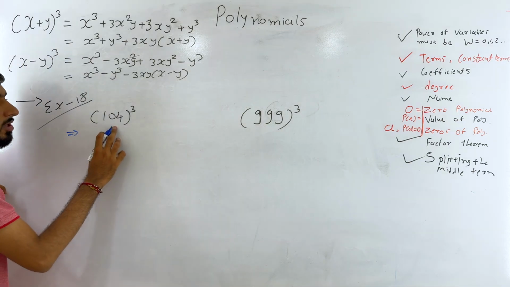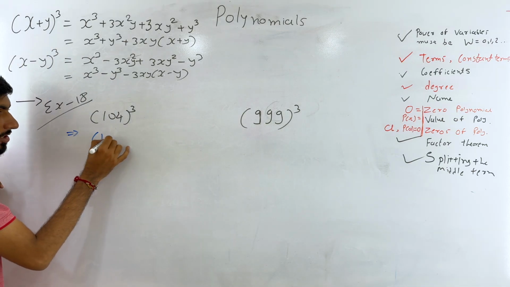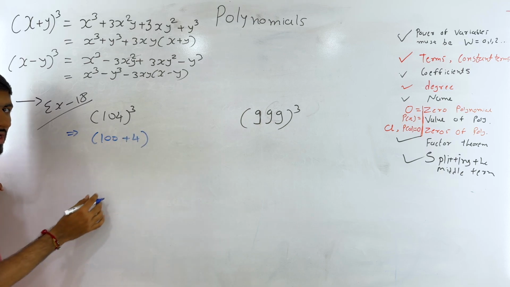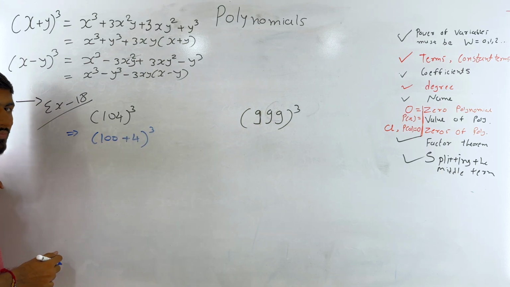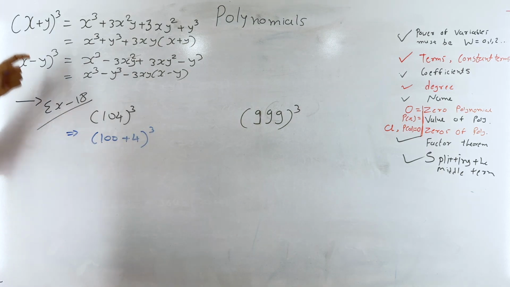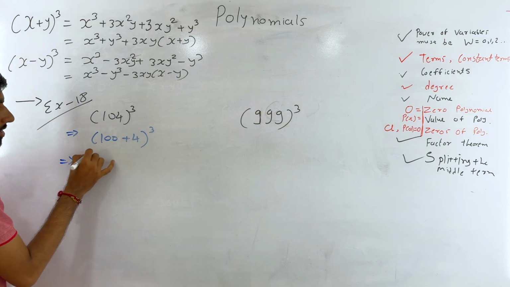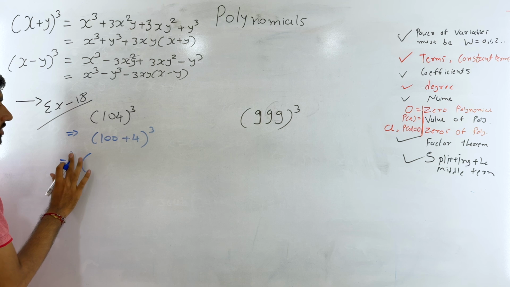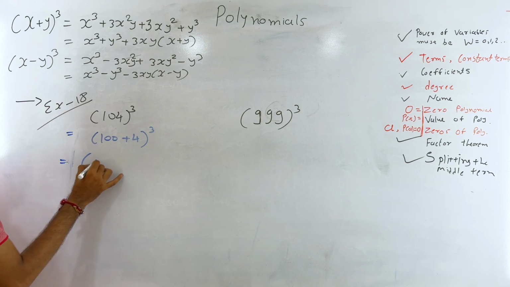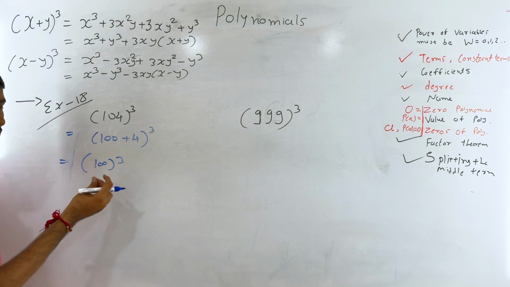Now I have 104 here, so I can write it as 100 plus 4, right? (100 plus 4) cube. Now it looks like our identity (x plus y) whole cube. So by using the identity, I can say that (100 plus 4) cube is equal to 100 cube, by using the identity, right?